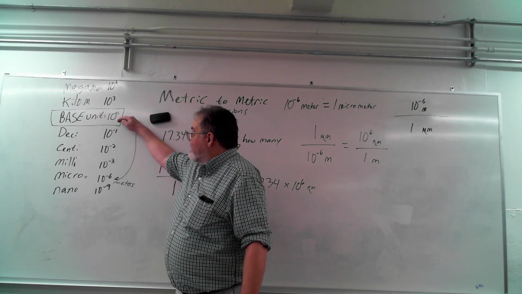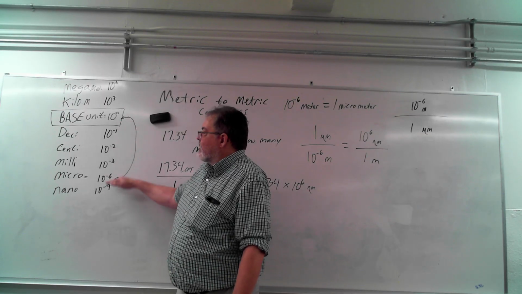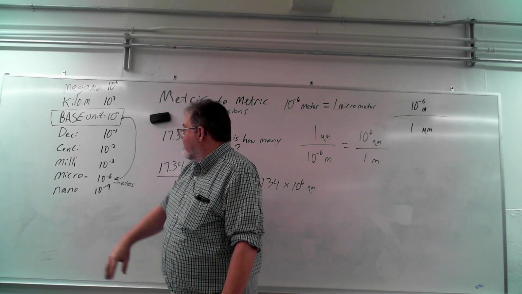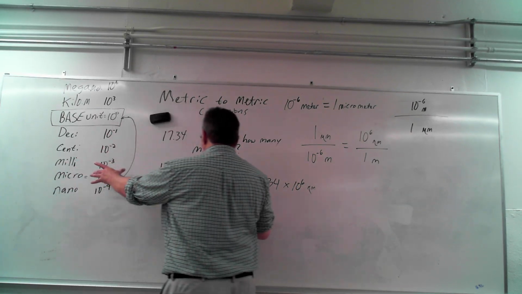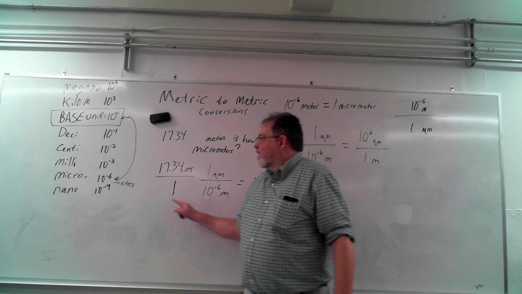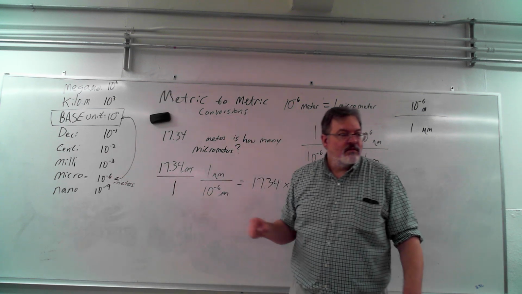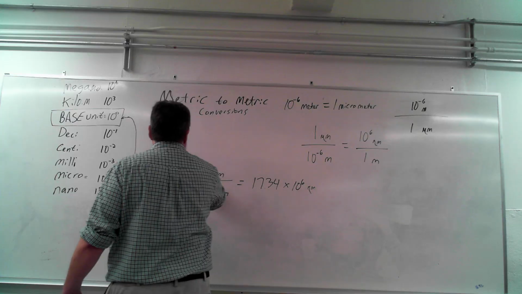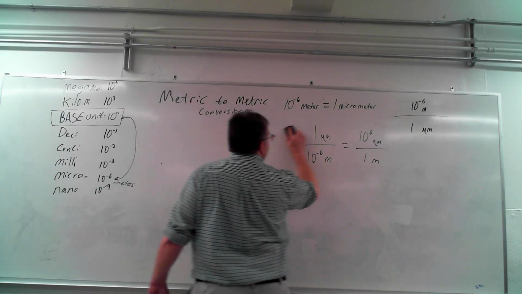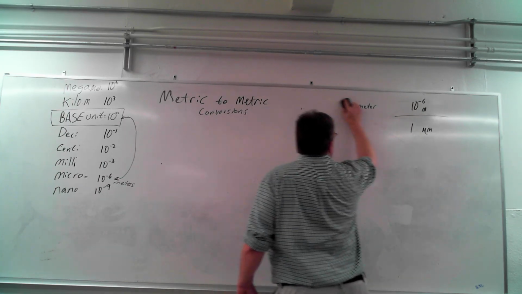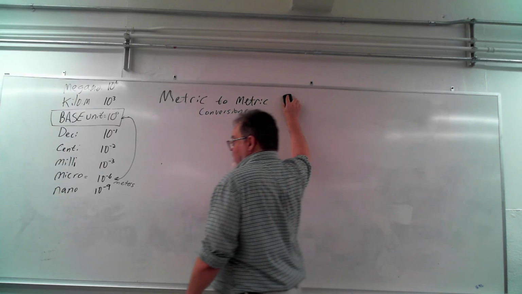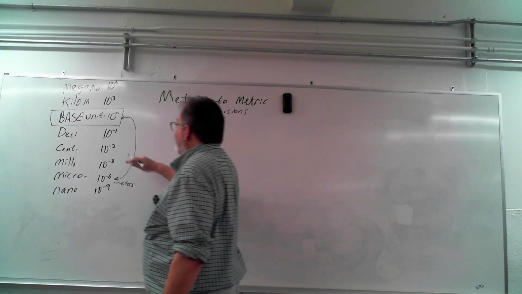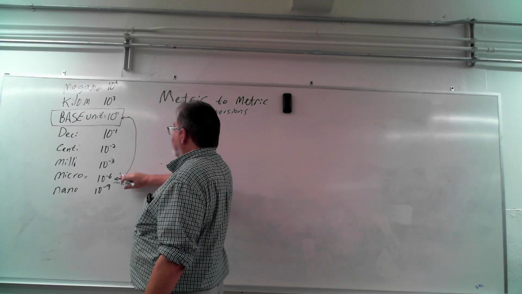So there's the base unit, and then there's relating the base unit to something down here, or relating the base unit to something up here. Those tend to be very easy because you've got that number right there. I mean, I literally pulled this out of this list. For instance, relating any of these works exactly the same way.